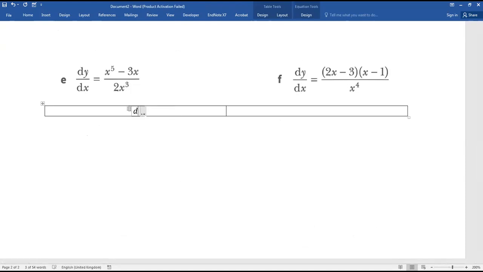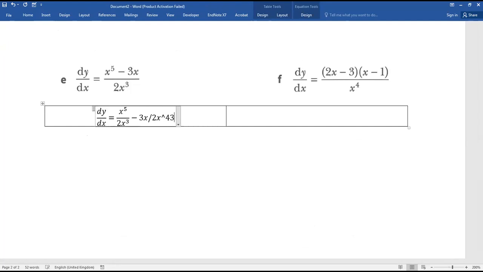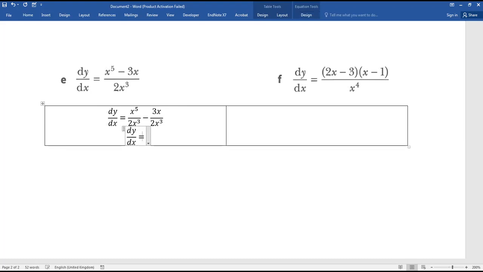Again, same problem. First, let's just simplify the derivative. x to the power 5 over 2x cubed minus 3x over 2x cubed. Now, the derivative is written as x square upon 2 minus 3 over 2, or 3x to the power minus 2 over 2.